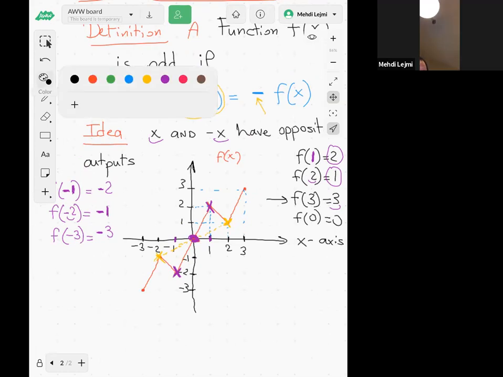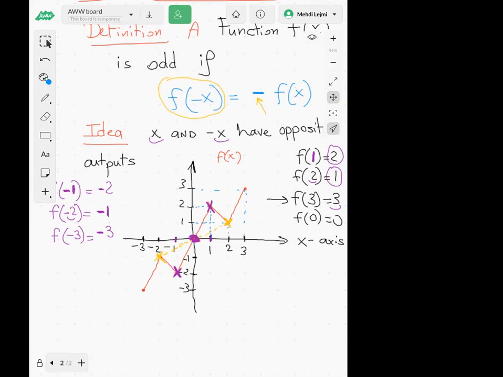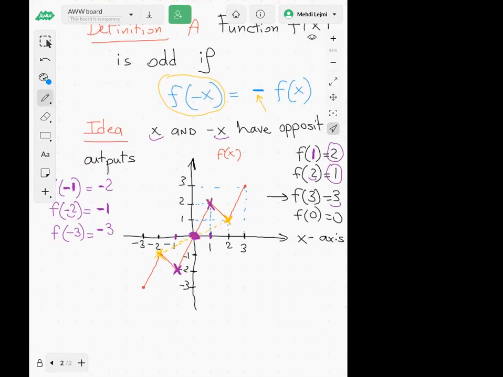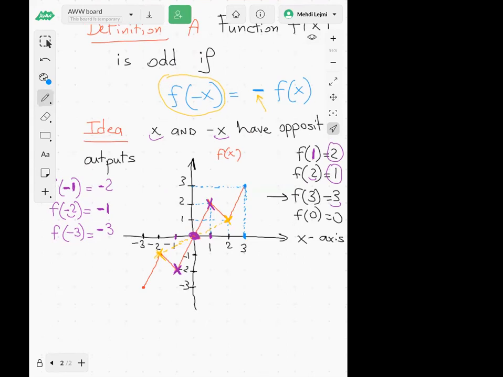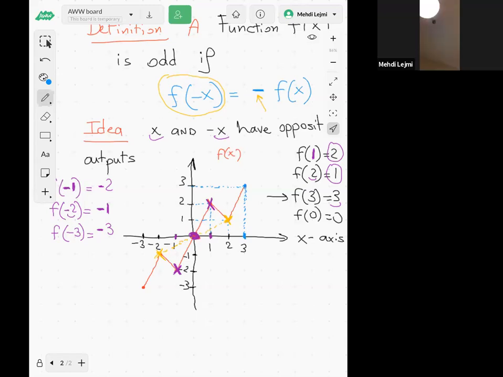Yes, because f of 3 is 3, as this is my x. This is x equal to 3, right? So if you draw this vertical line, it's going to intersect the graph at this point, which corresponds to the level y equals 3. You see why f of 3 is 3? Yeah, I see. So that's why f of 3 is 3, yeah.